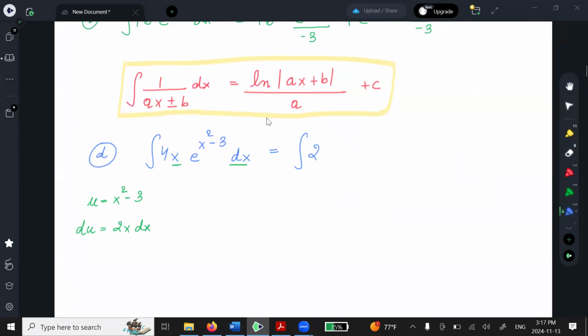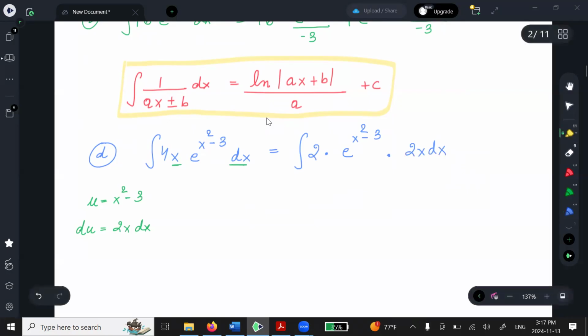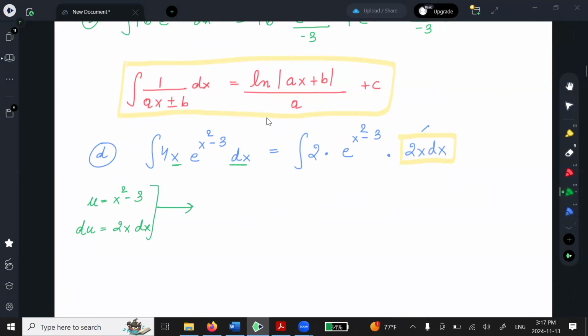I have 2 times e to the power x square minus 3 times 2x dx, right? I break it up. And the whole point of this step is that this should match exactly to your du. So my 2x dx is matching du exactly, and then I proceed with the next step.